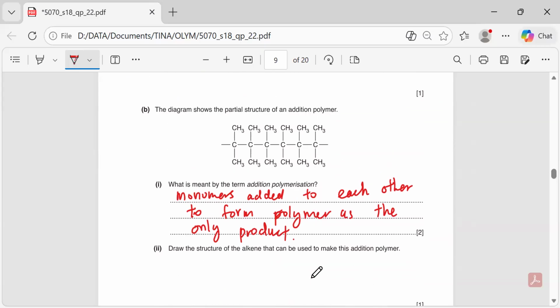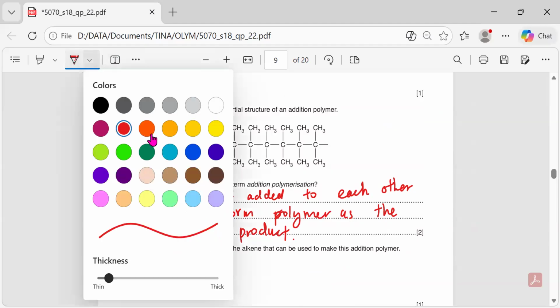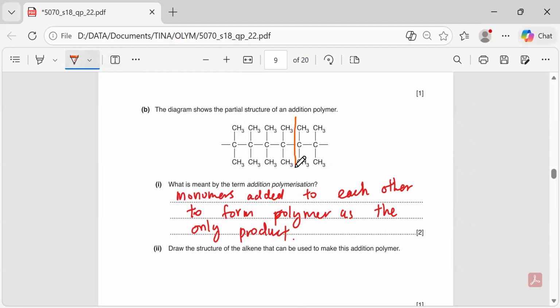Draw the structure of the alkene used to make this. Okay, so how do you break this up? Here. Okay, so what is this?